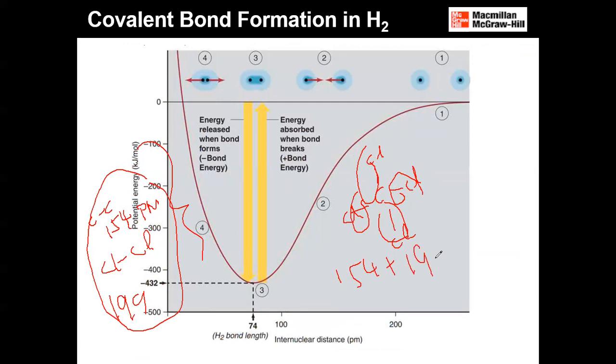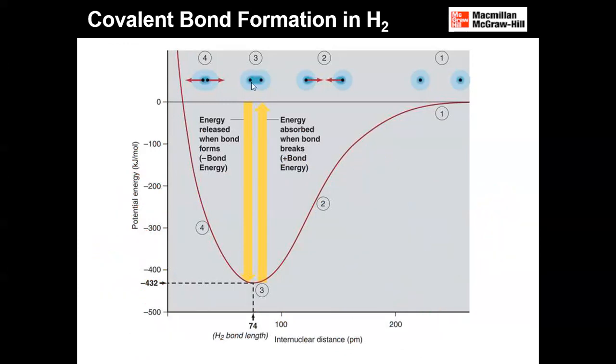So 154 plus 199 and divide by 2. You can get around 177 picometer. It's almost close, the error is very small, with the real one. So we can predict, actually. That is how you calculate the bond radius or bond length.